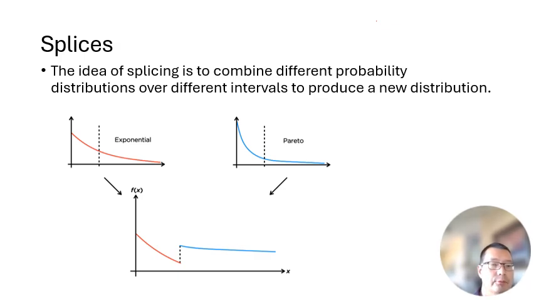For example, when the revenue is small, it follows an exponential distribution, but when the revenue is higher, it follows a Pareto distribution. That's why they use part of the exponential and part of the Pareto to represent this new random variable, revenue. That's what we are talking about.